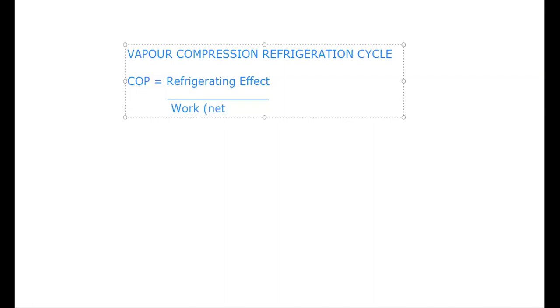Why we call it net: it is the difference between the compressor work and the expander work. Here also there is the compressor work, and there will be a small pump running to circulate the fluid, so the difference of those two will be the work done. But generally we neglect that here. We simply take the compressor work only in the case of the vapor compression cycle.